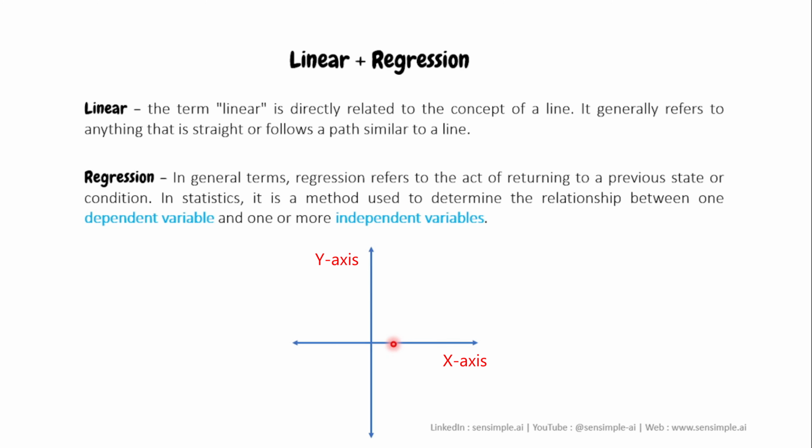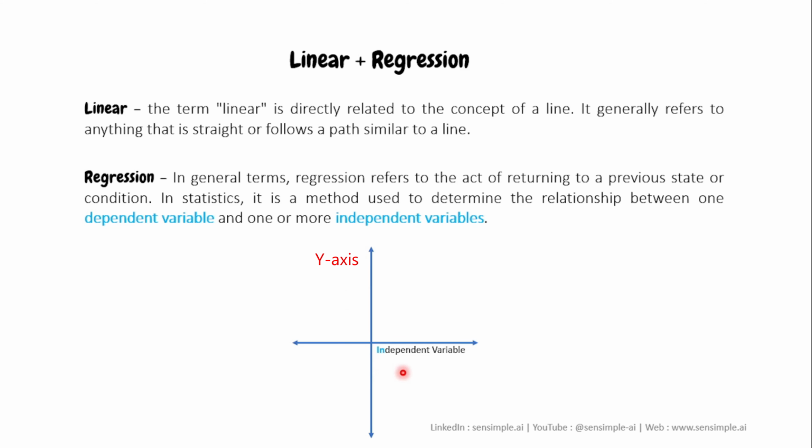If x is 1, then y was some other value. If x is 2, then y was some other value. So the values of x are not dependent on the values of y, which means that whatever values we plot on the x-axis becomes our independent variable.